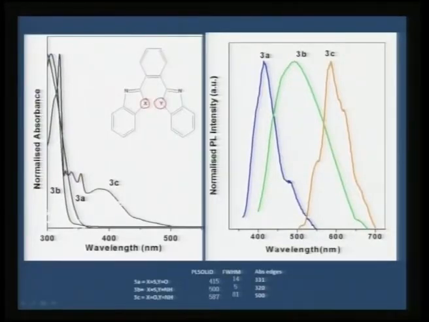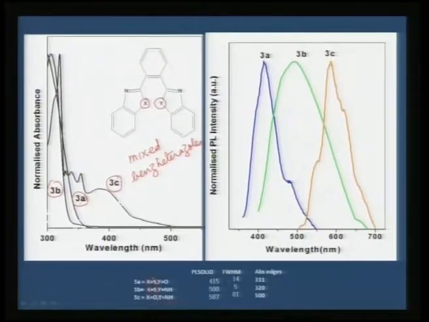Now if you go to 3 series, where you are going to actually play around with your X, in other words these are mixed benzheteroles, you would see the same feature coming for the 3C molecule, where 3C involves an oxazole and an imidazole ring. You can see that the band is extending up to 500 nanometer, whereas the 3A and 3B molecules are predominantly those which have thiazole and show a strong blue shifted emission.